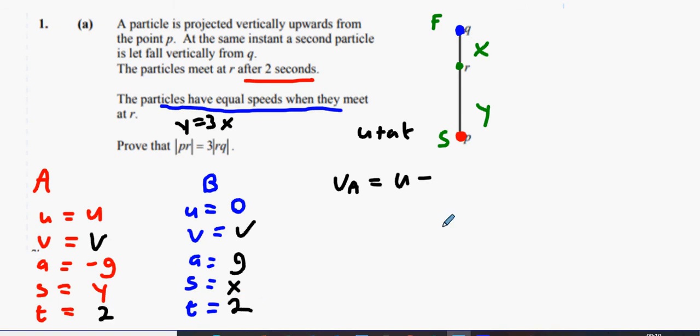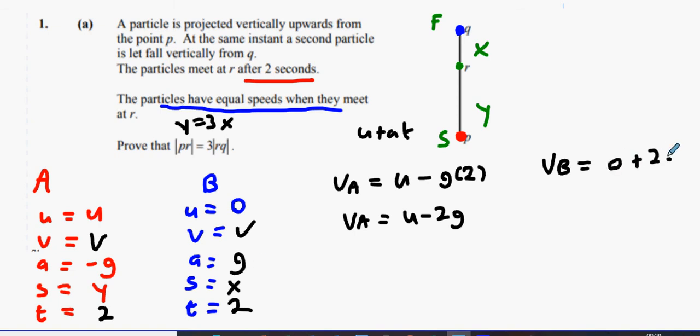So VA equals U minus G times 2, or U minus 2G. No bother. What about VB? VB, anybody? 0 plus 2G. So that's VB equals 2G. What can we say about VA and VB? Equal each other. So U minus 2G equals 2G.